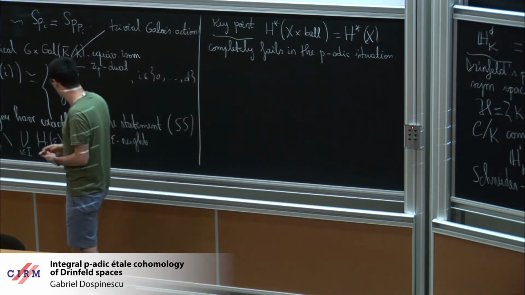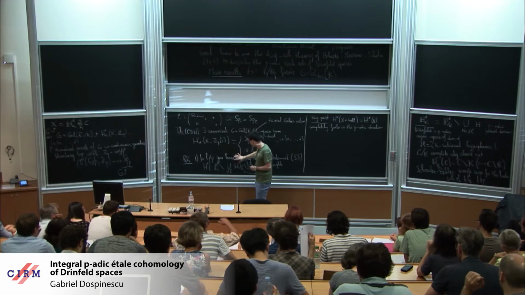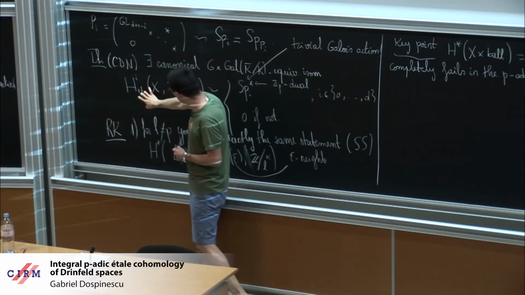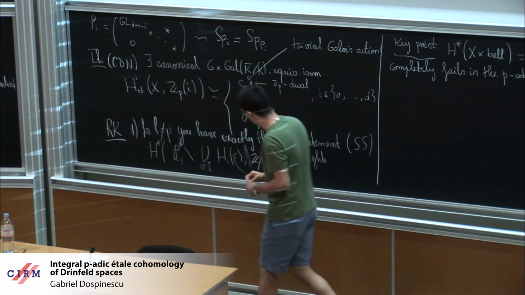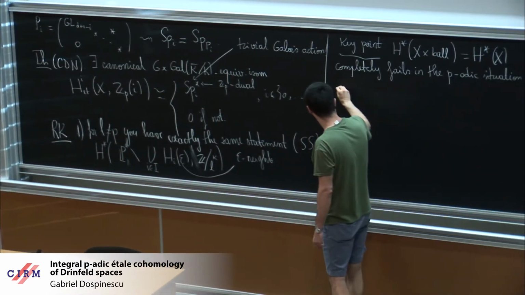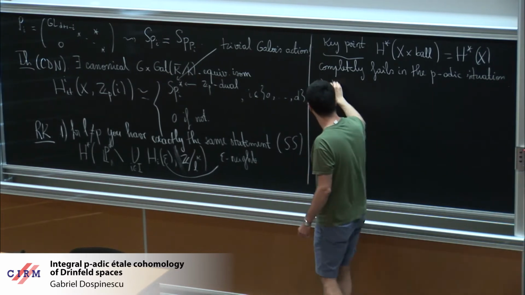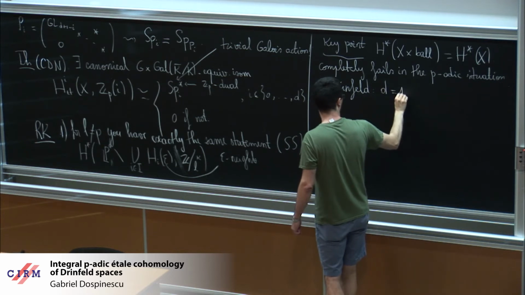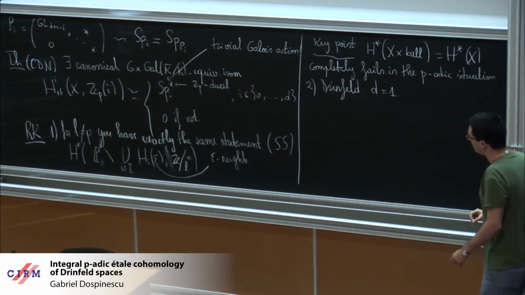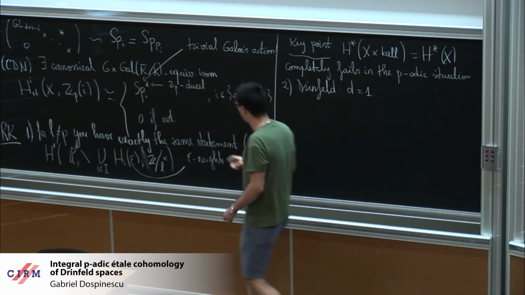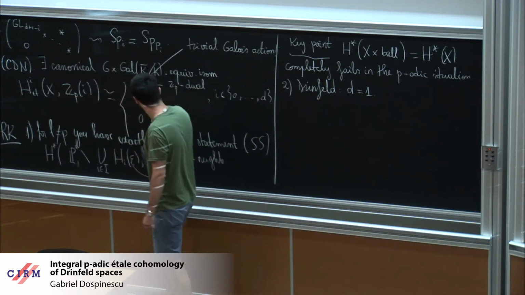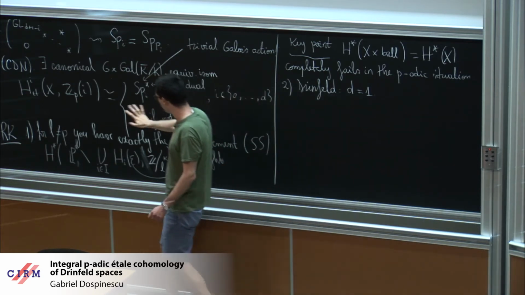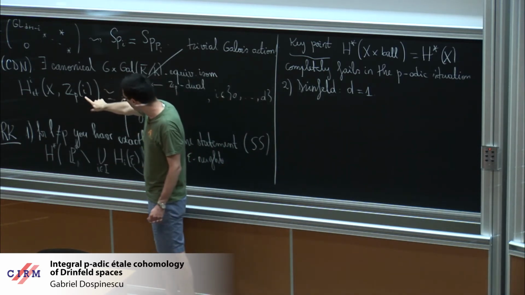So for some time, people didn't really believe, well, at least some people didn't really believe that such a simple result would actually hold, except that there was a rather amazing result of Drinfeld, who did the case d equals 1, in which he got exactly this formula in degree 1. Well, there are some gaps in his proof, but they can be easily fixed. And so he got this for i equals 1.